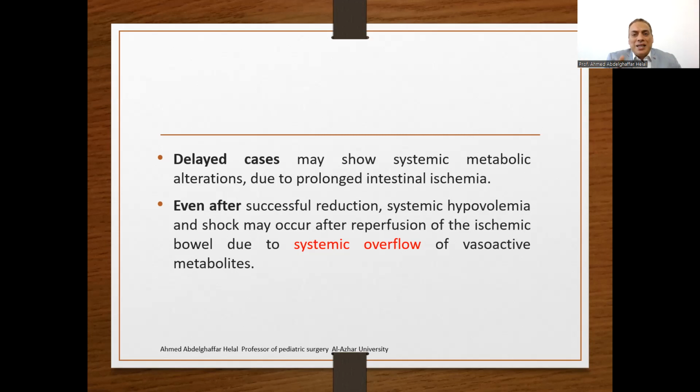If the blood supply is cut or prevented over a limb or a bowel, then with reperfusion, we may have what is known as reperfusion injury or reperfusion syndrome, a sudden release or overflow of vasoactive metabolites.